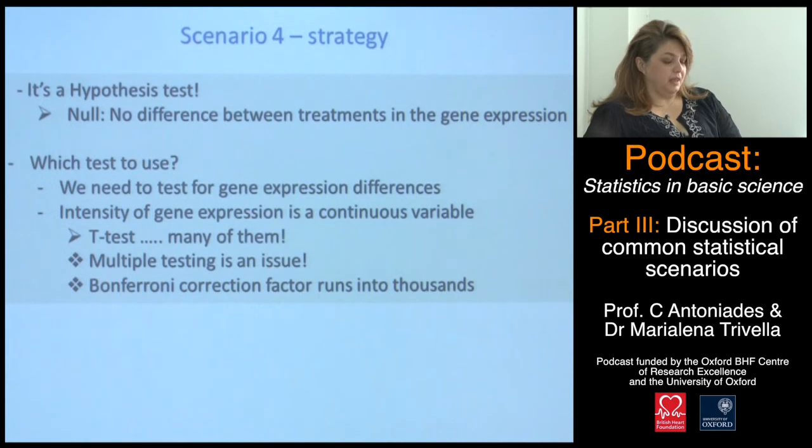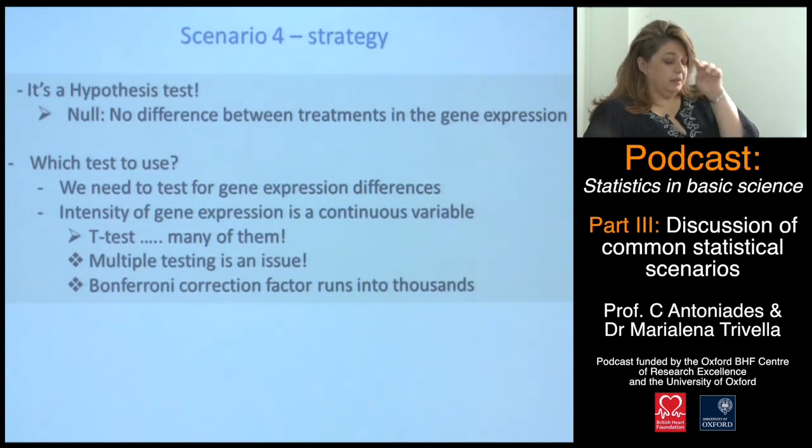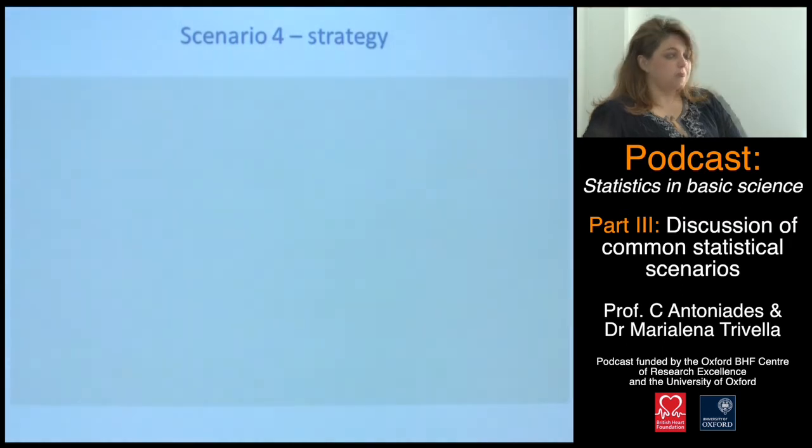That's usually done by a scanner, and so it's a continuous variable, and a t-test one would have thought is appropriate. But we have many t-tests to consider, and the Bonferroni correction would run into thousands here. The issue of false positives is almost inevitable in so many different relationships that we have, so we need to remember that.